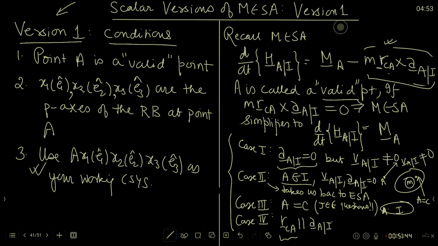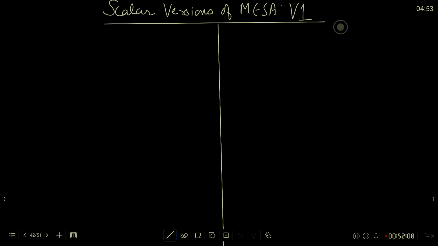You first look for a point which is a valid point. You'll find the p-axis of the body at point A. Call them x1 e1, x2 e2, x3 e3. Construct a Cartesian coordinate system, this, and start using this as your working coordinate system. Okay. Under these conditions, now let's see what happens to MESA.